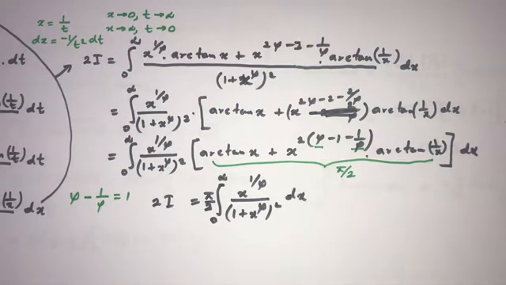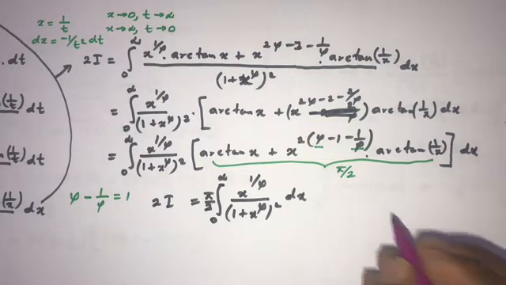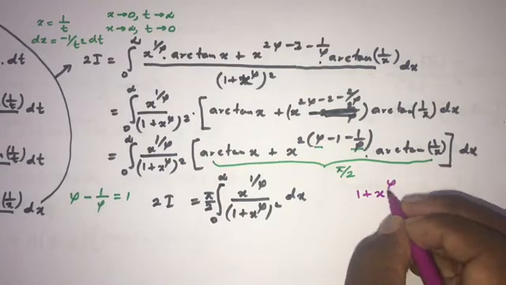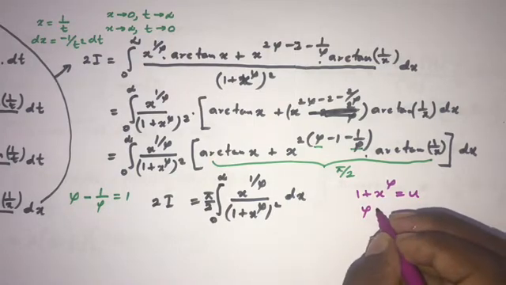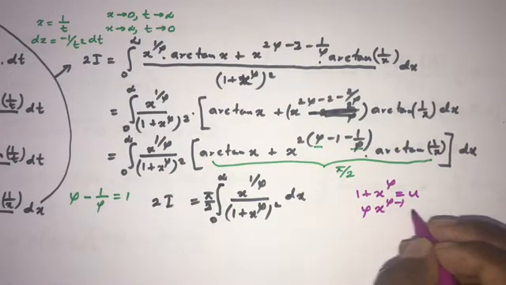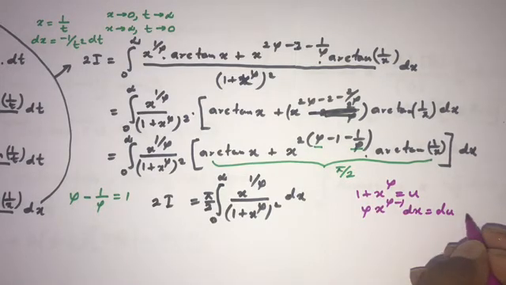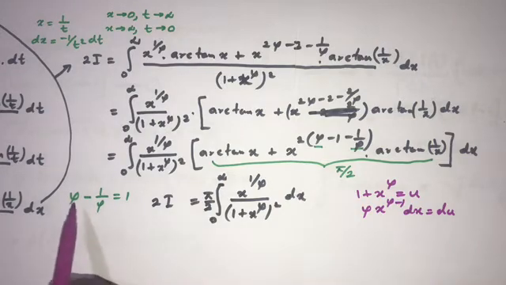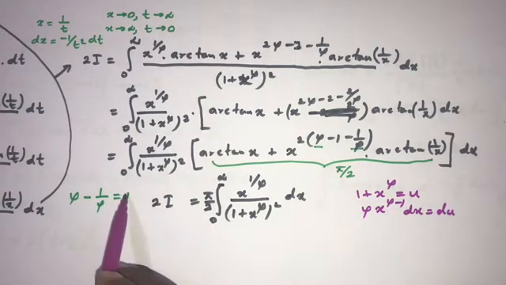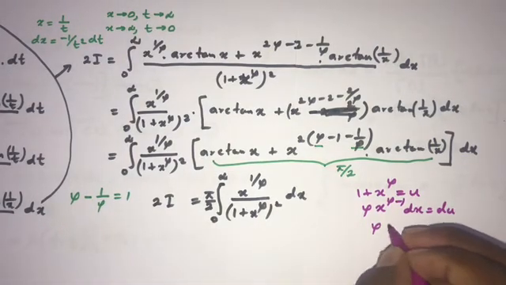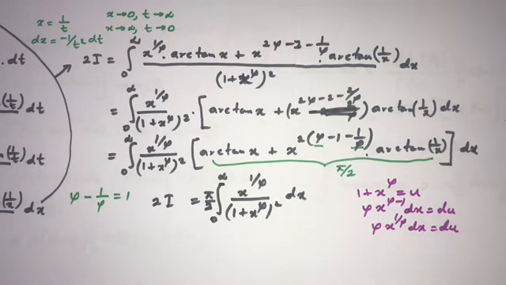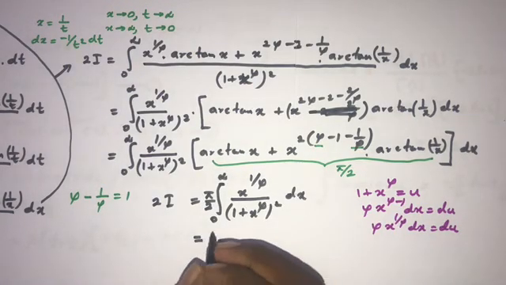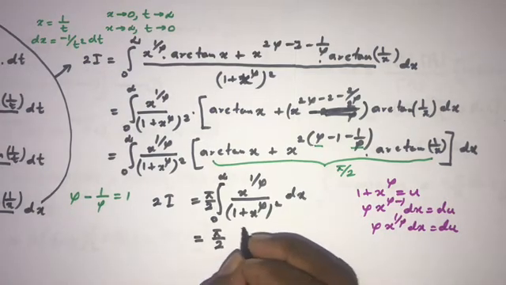Okay, now we can use a substitution. So if we take 1 plus x raised to the φ is equal to u, now differentiate, so φ times x raised to the φ minus 1 dx is equal to du, and we know the fact φ minus 1 is equal to 1 over φ, so we can write φ x raised to the 1 over φ dx is equal to du. Okay, now we can write this is equal to pi over 2.